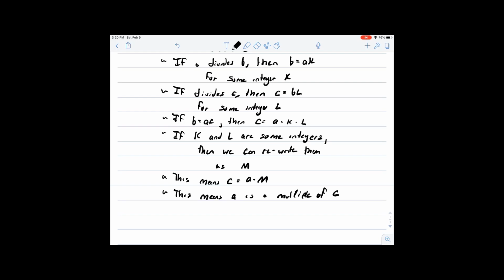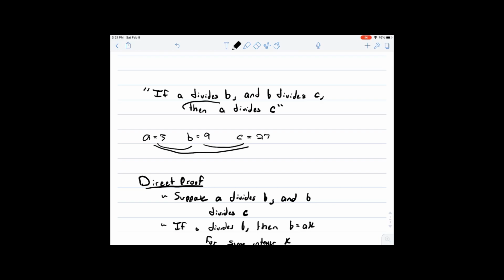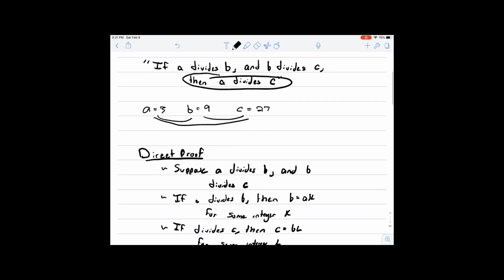If C is a multiple of A, then by definition, C must be divisible by A. And if you remember, this is exactly what we were trying to prove before.